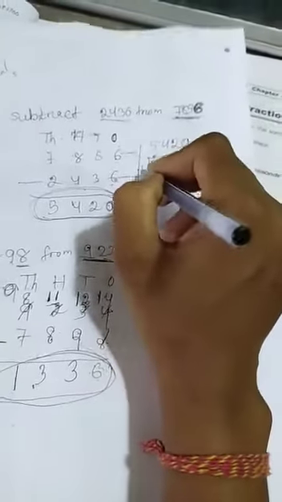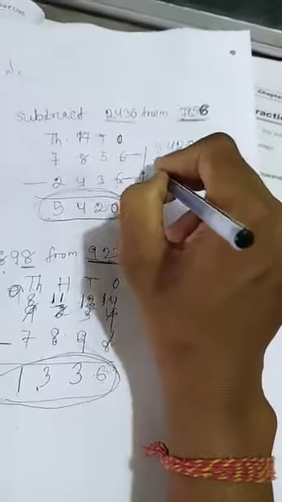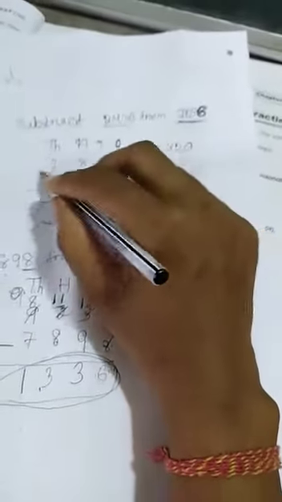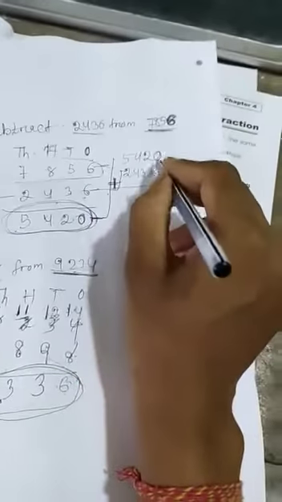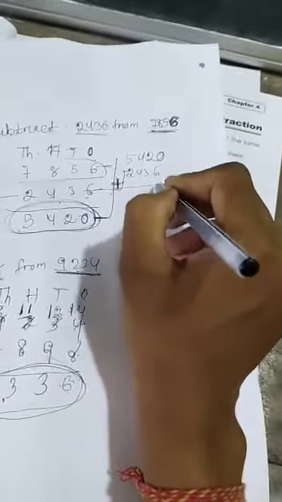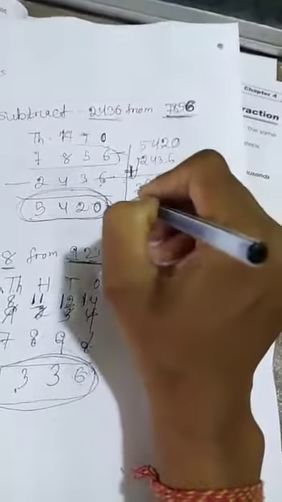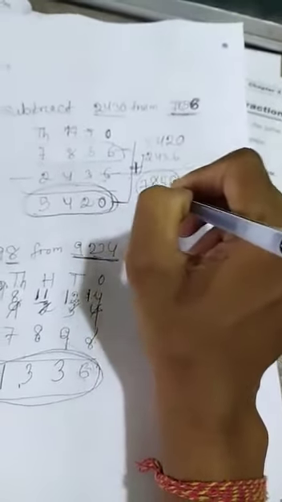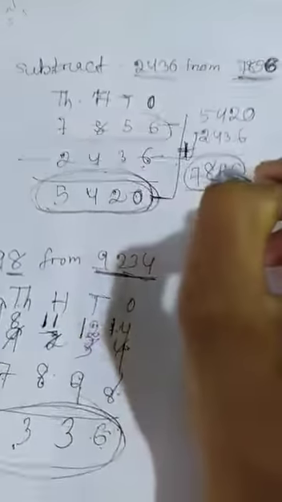Then you add them. If the result is the larger number, then your subtraction is right. 0 plus 6, 6, 3 plus 2, 5, 4 plus 4, 8, 5 plus 2, 7. Your answer is 7,856, which is the larger number. That means your subtraction is right.